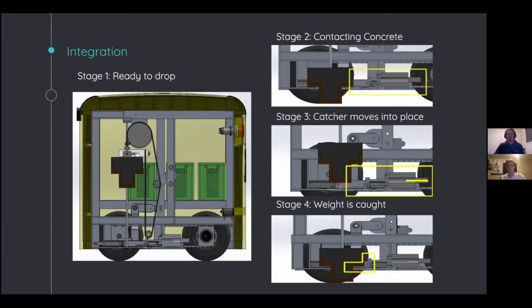So in total, we needed to integrate all of these parts, and these 4 pictures here essentially depict how they all work in coalition. So once the weight has been picked up, as shown in the far left side, and we're ready for testing, the weight will drop and contact the concrete surface shown in the top right corner. And at this stage, the pull solenoid will be retracted.